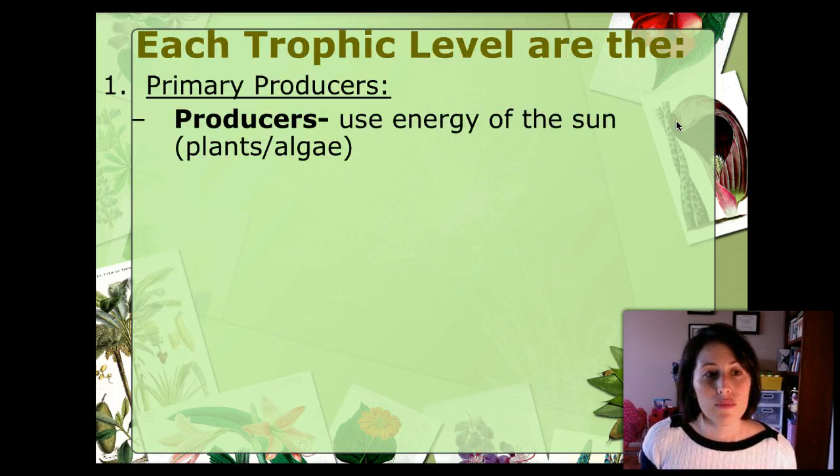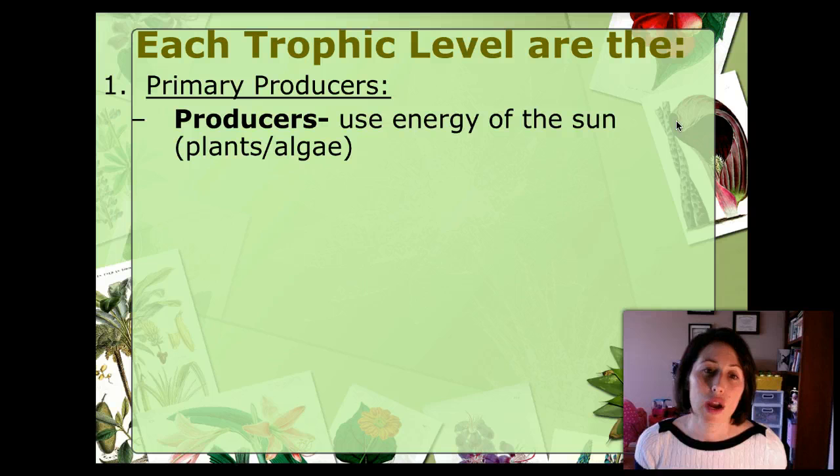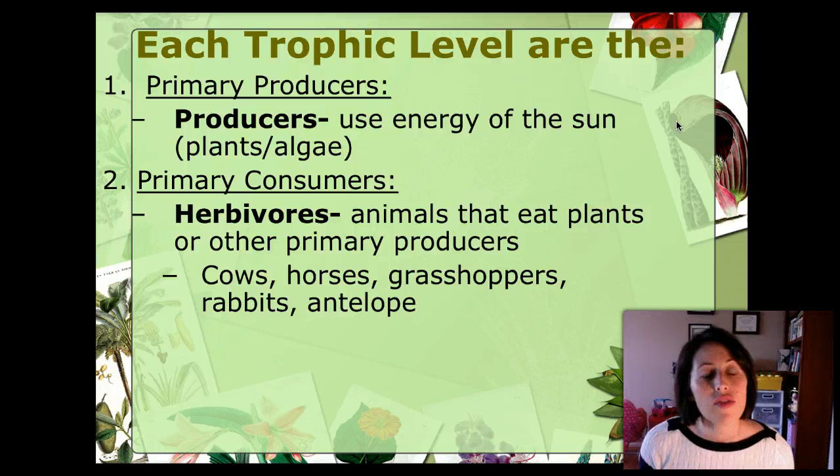So if you look here, the first thing that we talk about are primary producers, or we can just call them producers. Those are the organisms that use the energy of the sun in order to create our chemical energy through the process of photosynthesis. And we're looking at plants and algae specifically when we talk about producers, okay? Then we have the organisms that eat the producers. We call those primary consumers.